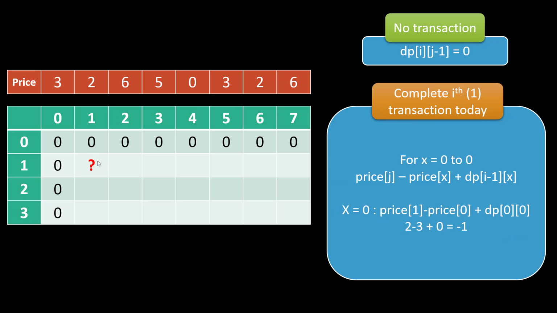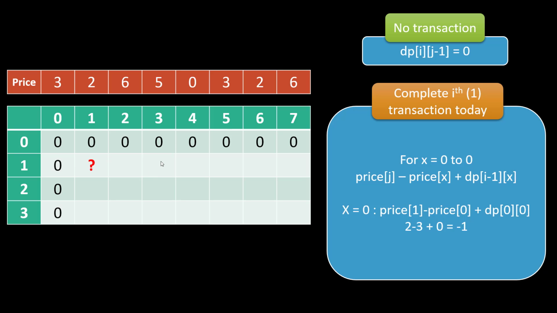For this cell, if we do not consider any transaction, it means that we are considering the previous cell value, which is 0 over here in no transactions, and for this we'll consider from x equal to 0 to this column minus 1, which is 0 to 0, and we'll find the maximum profit.